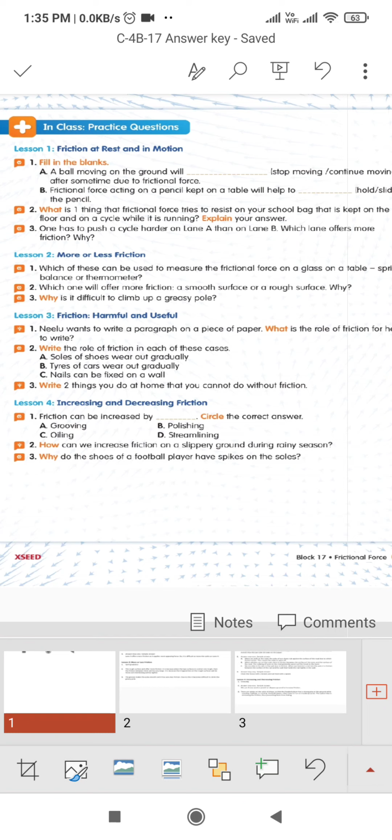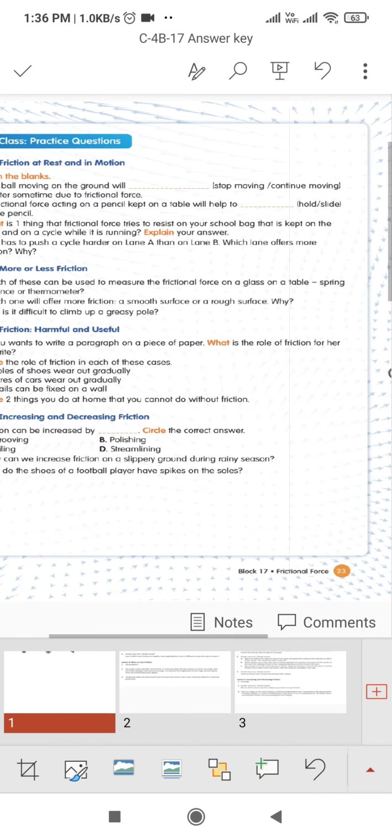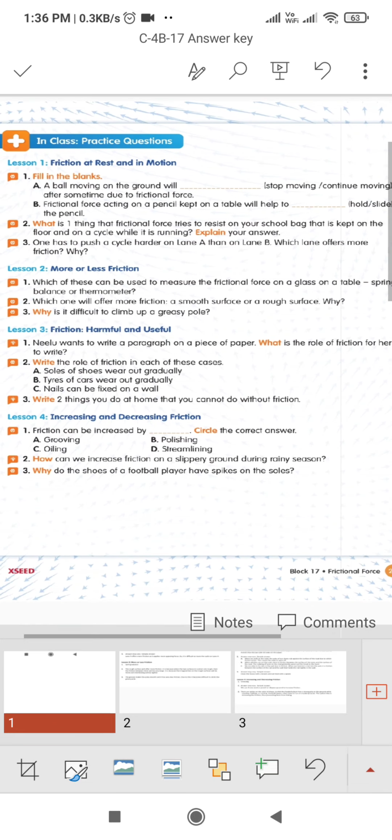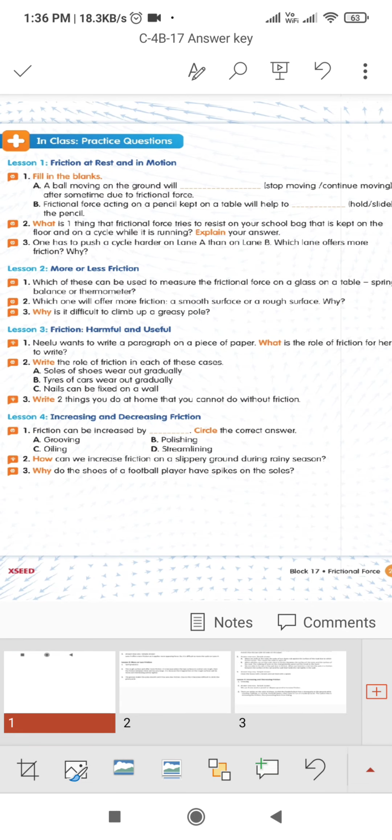Lesson 3, friction harmful and useful. Question number 1, Neelu wants to write a paragraph on a piece of paper. What is the role of friction for her to write? Yes, we have already discussed that frictional force helps to hold things.